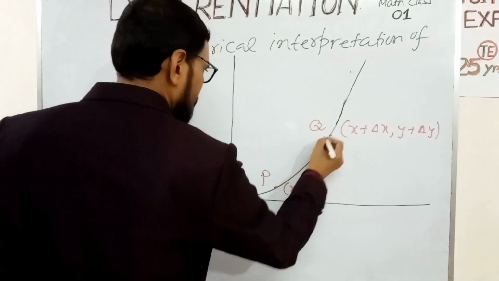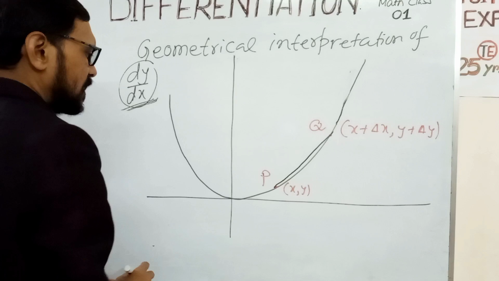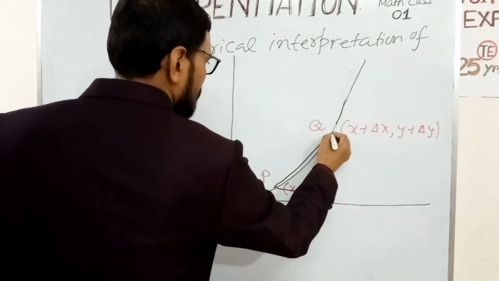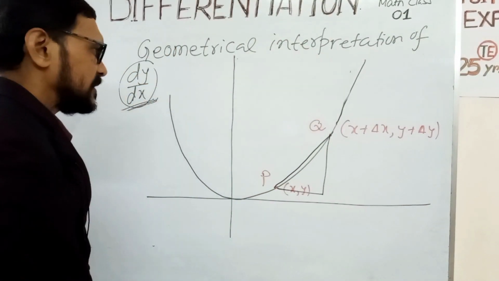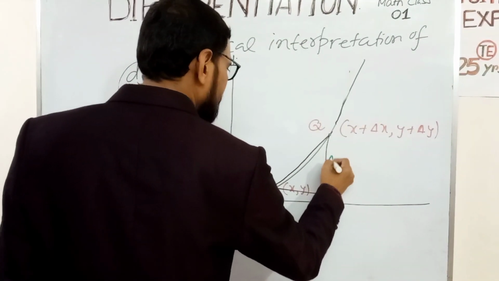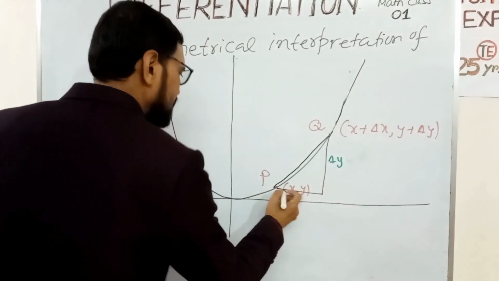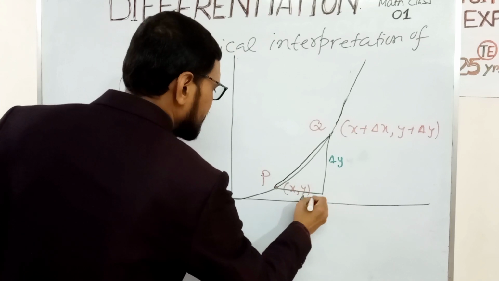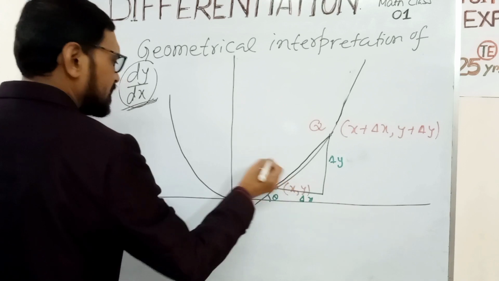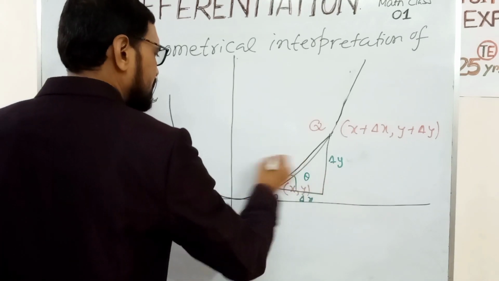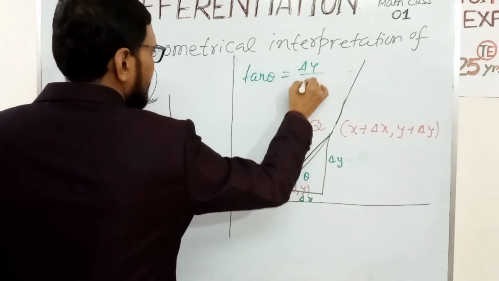So join P and Q. Delta y means y2 minus y1, so this is delta y and this length is delta x. Now chord PQ makes an angle theta with the x axis, so this angle is also theta. Now tan theta becomes delta y by delta x.